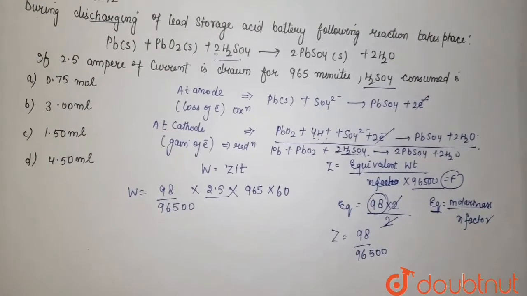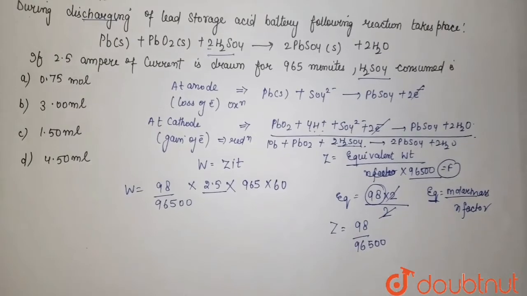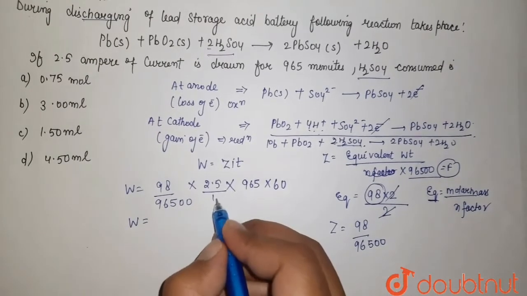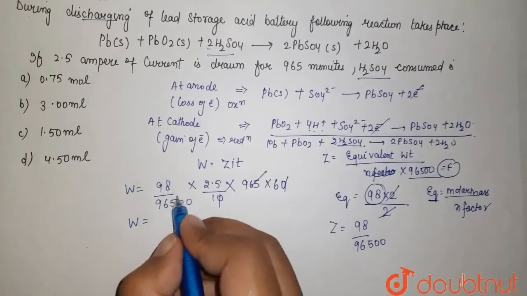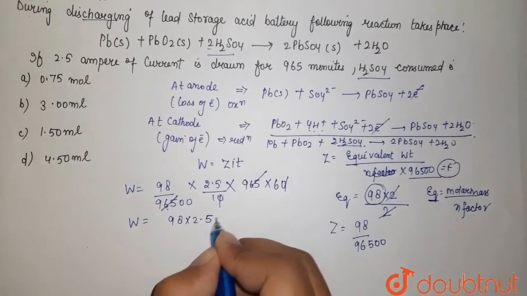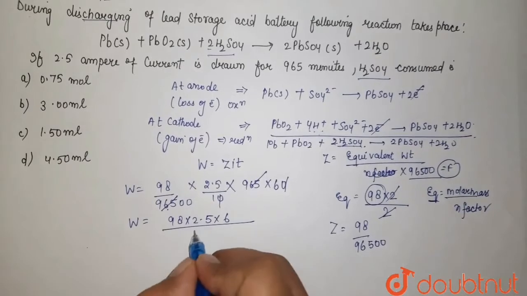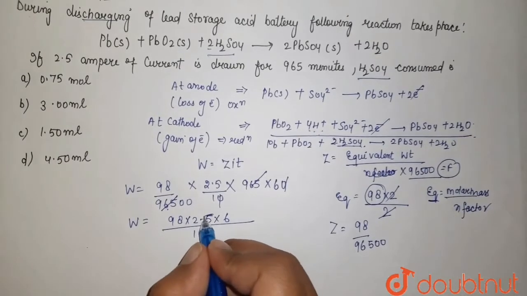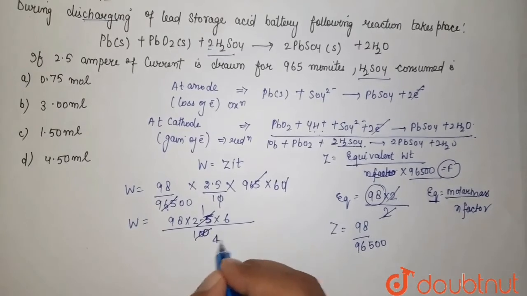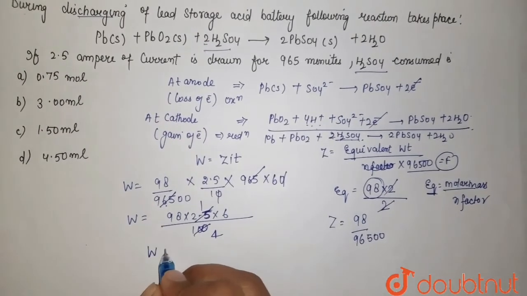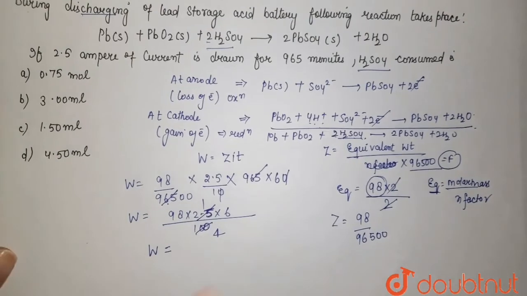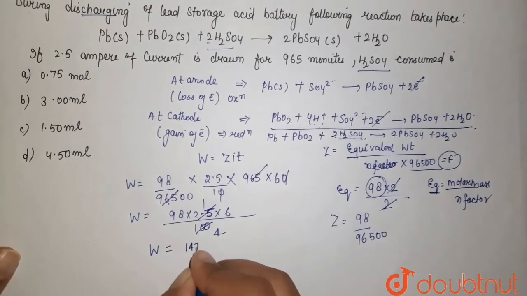Now we have to calculate our weight, which is, if you solve it, 98 into 2.5 into 6 upon 100, here it is 25 only, and the weight comes out to be 147 gram.